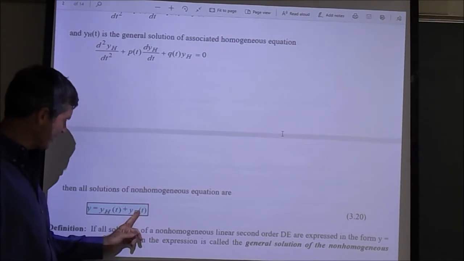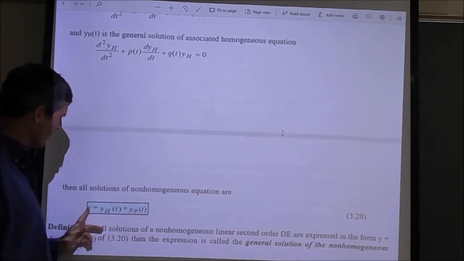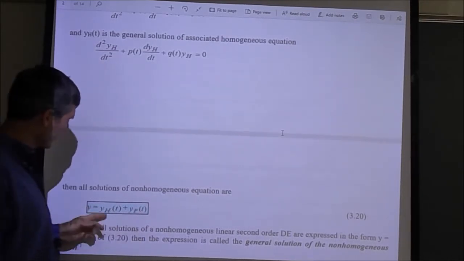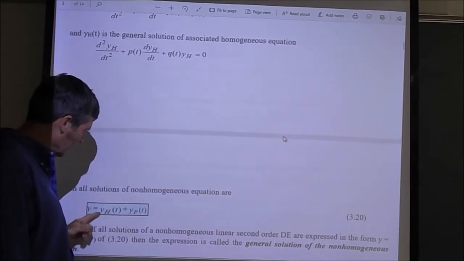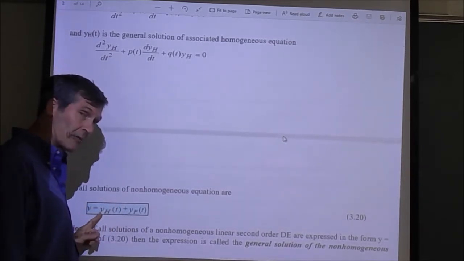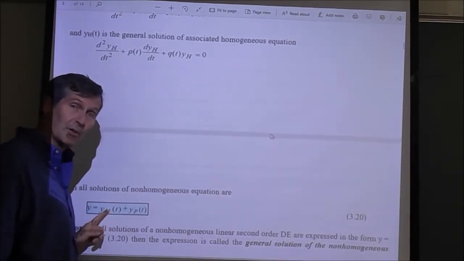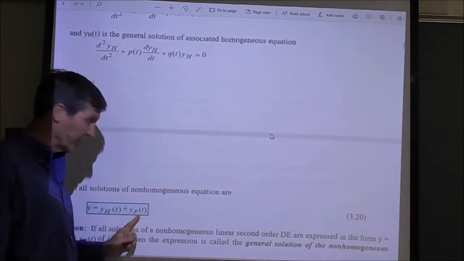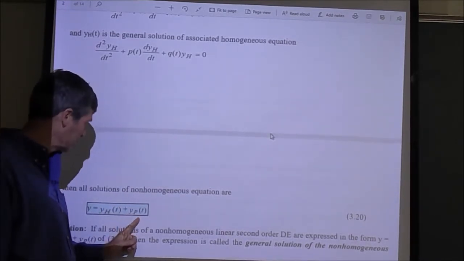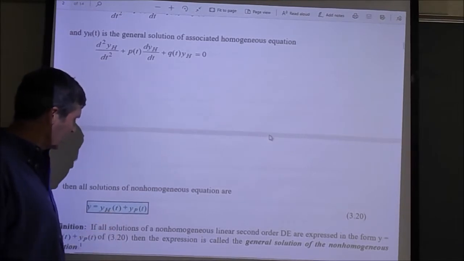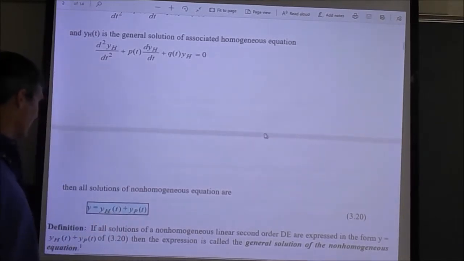That seems astonishing at first. All you have to do to solve a non-homogeneous problem now is find the general solution of the associated homogeneous problem, where you put 0 on the right-hand side. That's the problem we just did. Plus add any one solution whatsoever to the non-homogeneous problem, and now you've got them all. So this is a nice result.